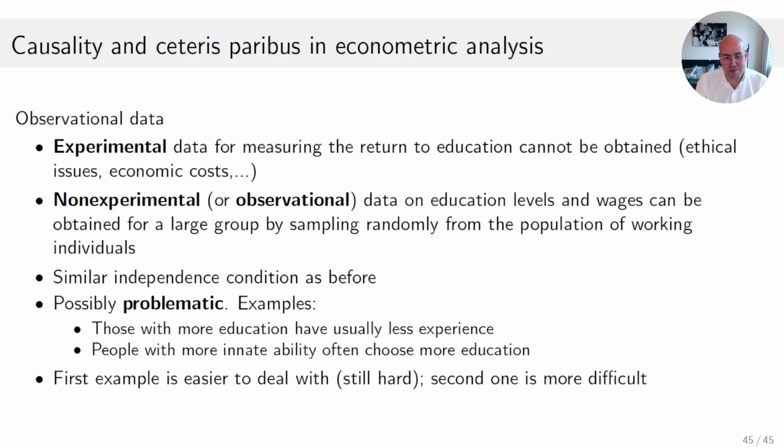The first of the two is probably a bit easier to deal with, but already hard, or still hard. And the second one is much more difficult. So, as I said, econometrics has a lot to say about this, but ultimately, what this will bring us back to is design features of the empirical analysis.